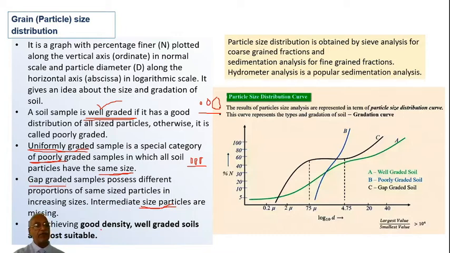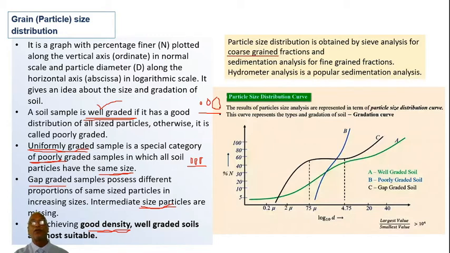Okay, for achieving good density, means if you want to pack the soil into a good dense soil mass, well graded soils are most suitable. Means well graded in the sense it's a good mix of all. Okay, here there is one big important note. Particle size distribution is obtained by sieve analysis for coarse grained soils.